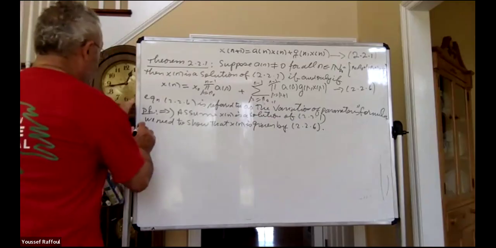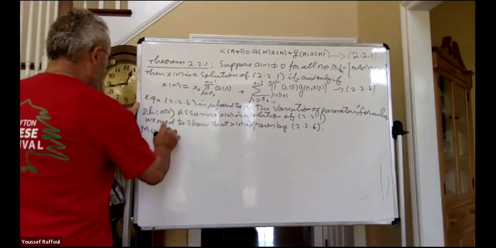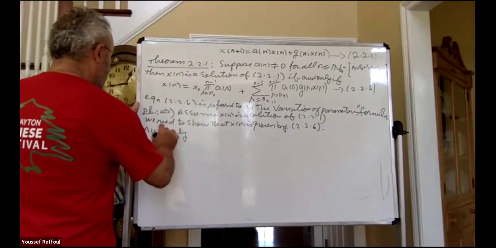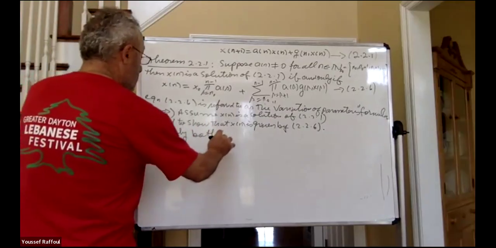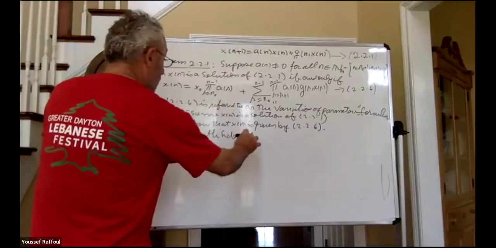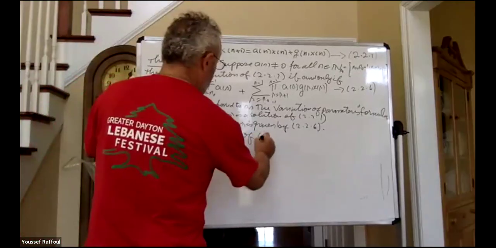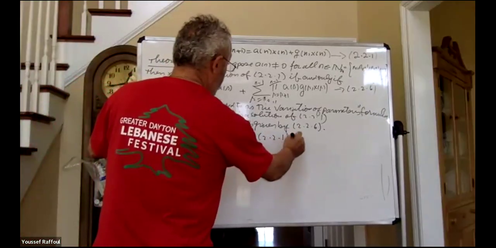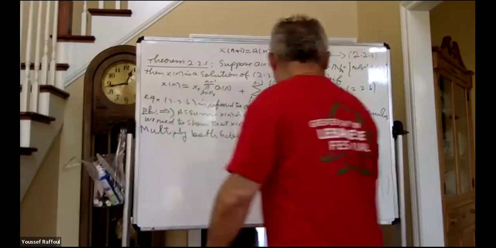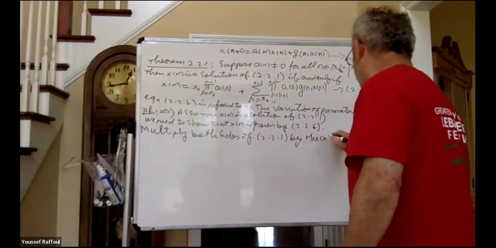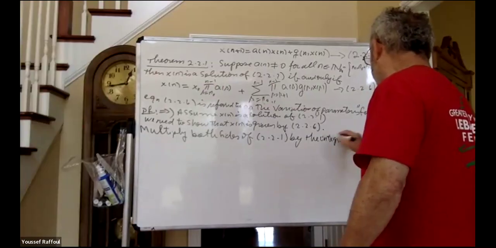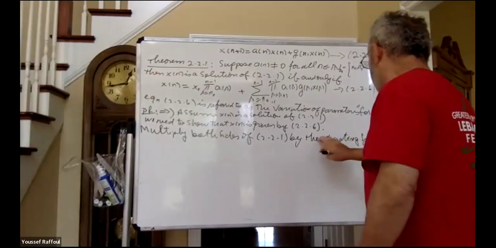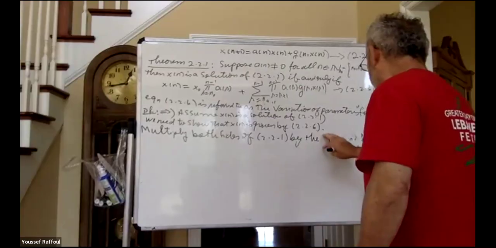All right. So we're gonna multiply both sides of 2.2.1 by the integrating factor, may I say the product factor, sorry.